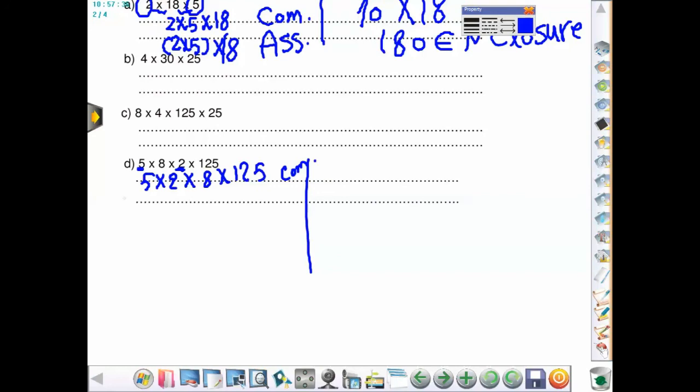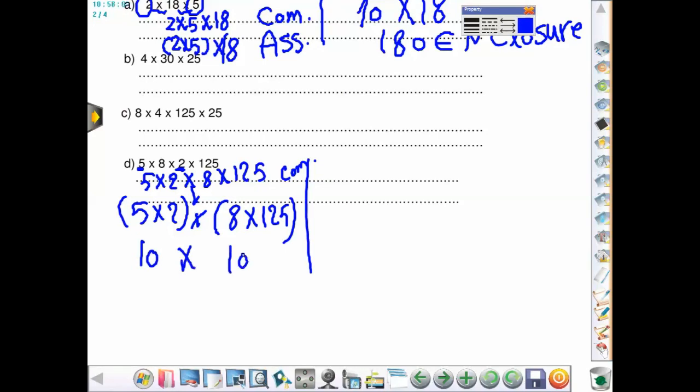Now make groups. We have 5 multiply 2 between brackets. Don't forget to drop this sign, multiply. Open another bracket for the new friends, 8 multiply 125. The first bracket result will be 10 multiply 8 multiply 125, which, as we know, is 1000. Can I use my calculator to find the answer?